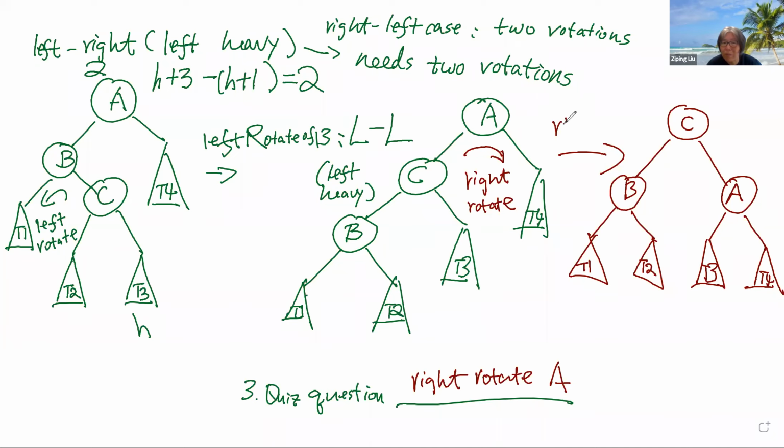So right rotate A, then you can get the tree balanced. And then you connect this to the parent node, the parent of the previous A. Okay, then the tree is balanced.